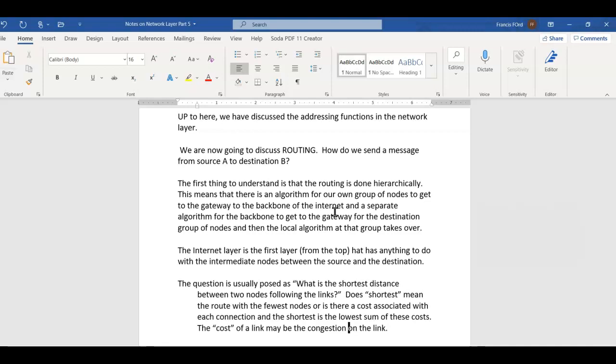If the network were perfectly homogeneous across everything, we could put one there, and our cost could be the number of hops we take, how many routers we go through to get from source to destination. But usually that's not true.